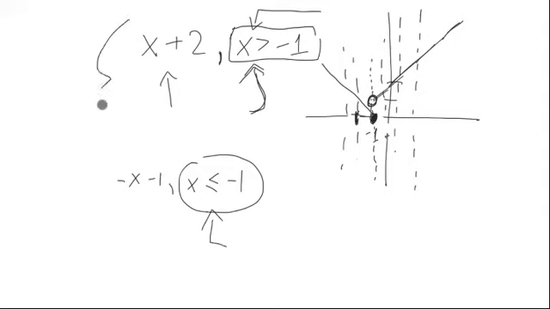Put a big curly brace and say y equals, to emphasize it's just one function from this splitting right here. We could even replace that y with an f of x. This is what you call a piecewise defined function.